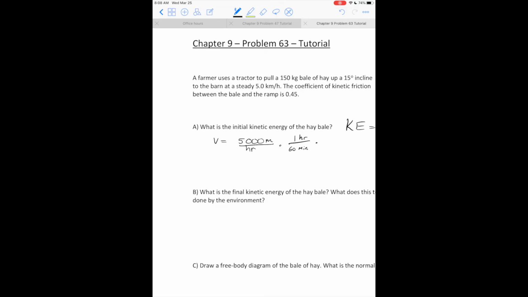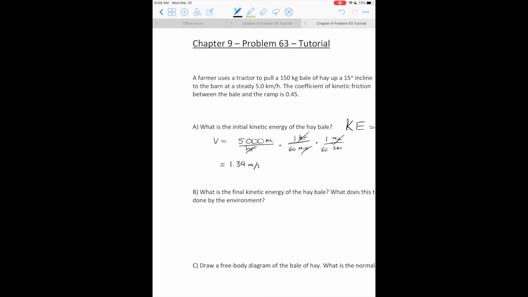And I'm going to do the same thing, minutes, seconds, 60 seconds in 1 minute. 5,000 divided by 3,600 gives me a velocity of 1.39 meters per second.